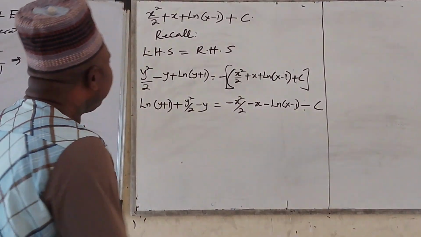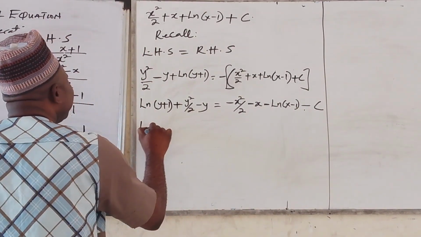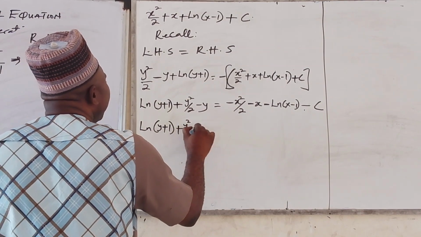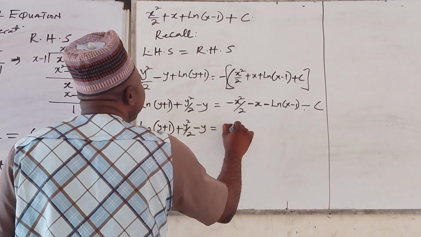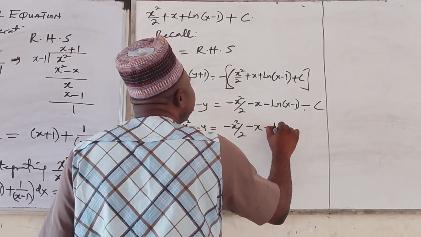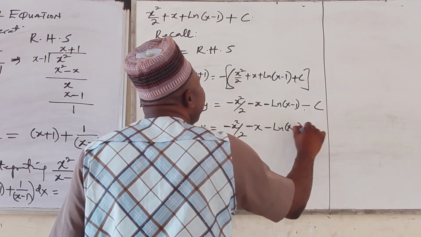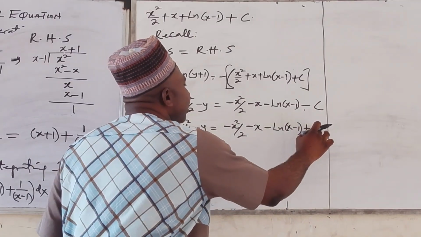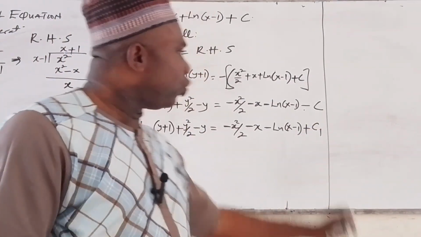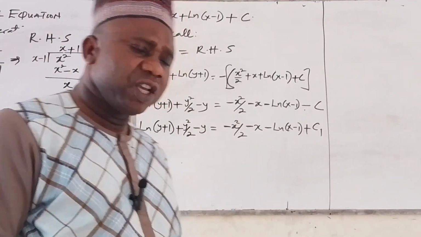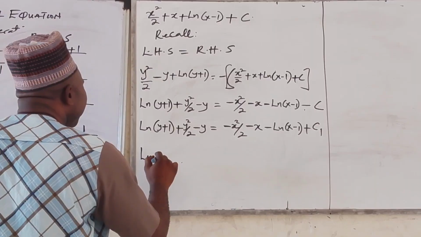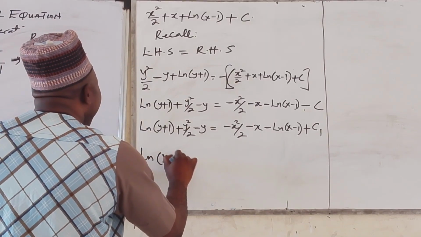So it means we can decide to change this as ln y plus 1 plus y squared over 2 minus y is equal to minus x squared over 2 minus x minus ln x minus 1 plus c1. Yes, since c is an arbitrary constant, we are changing it to c1 because c1 is also a constant. So now in this case, this is the same as saying ln y plus 1.